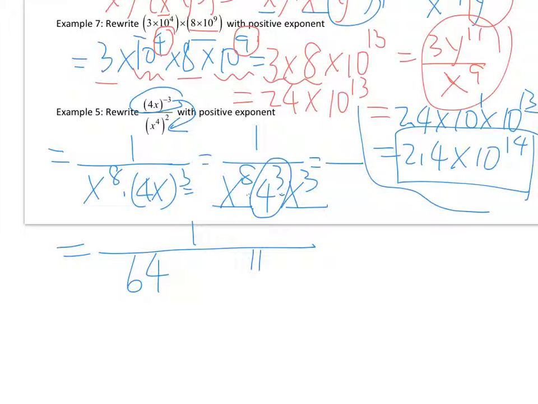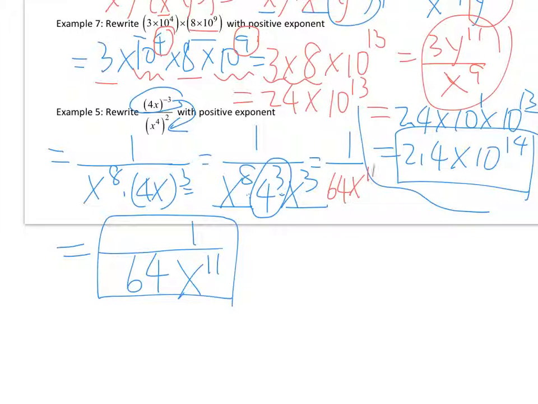Let's not confuse with multiplication sign. So 1 over 64 times x to the 11th power as our final solution. That's our final solution.